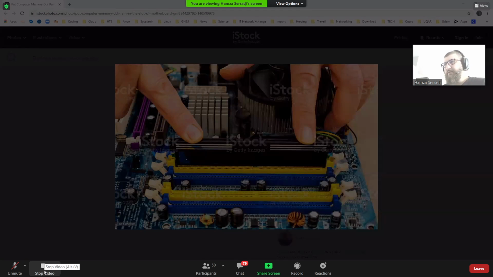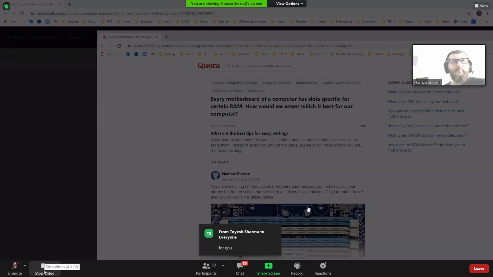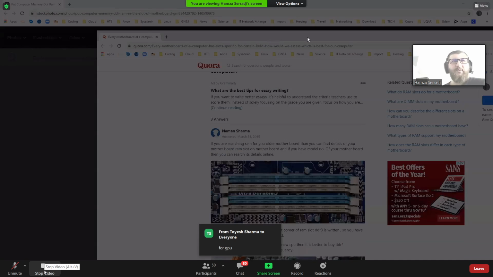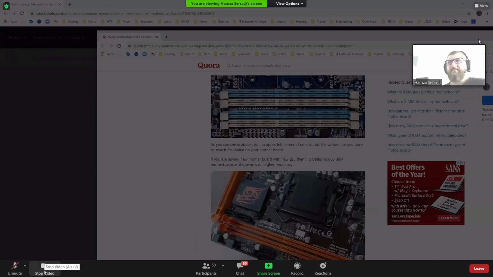I'm going to find others for sure. Here we go. I have this one. See? What about these colors? What are you noticing about the colors here of the DIMMs? How they are?